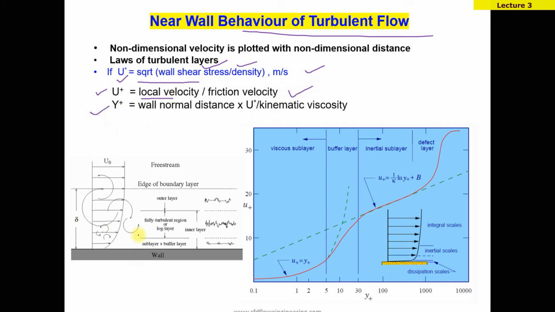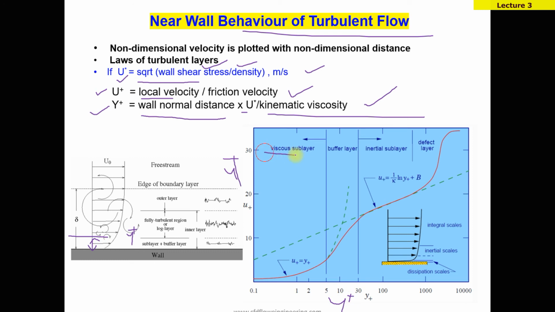Then we find the non-dimensional coordinate y plus, equal to wall normal distance times friction velocity divided by kinematic viscosity. The wall normal distance means the distance of the first layer from the wall. You then plot u plus versus y plus.